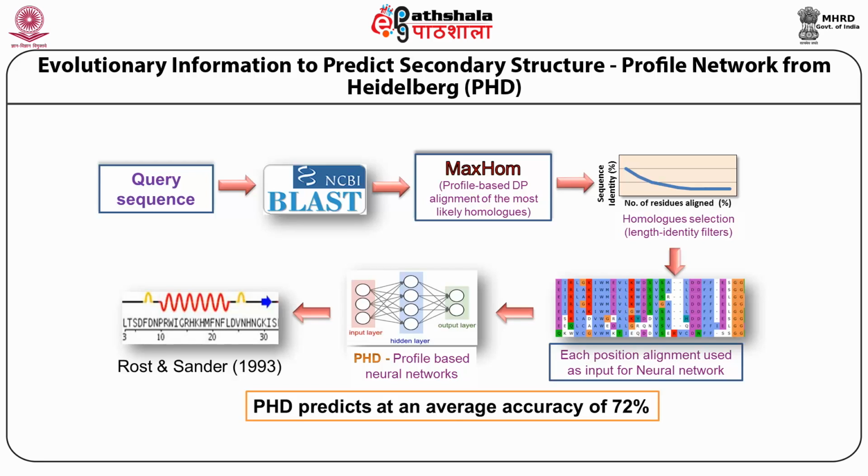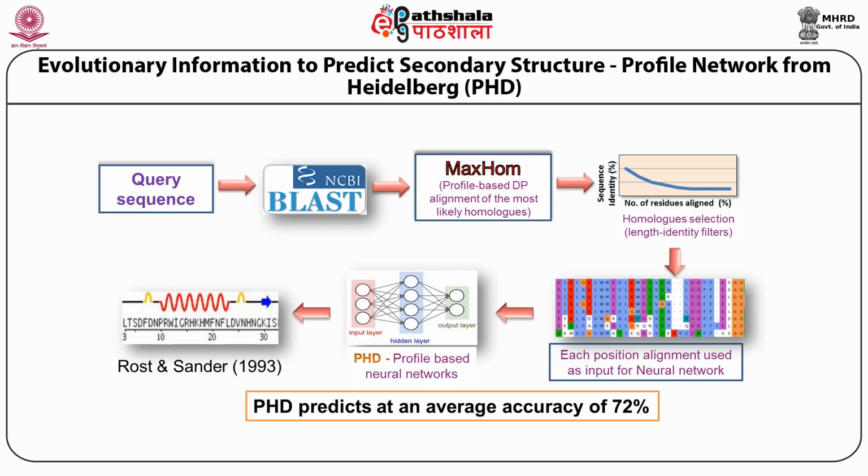The schematic pipeline which implements the evolutionary information to predict secondary structure in the PHD algorithm is shown here. Starting from a sequence of unknown structure, the following steps are used to finally feed the evolutionary information into the PHD neural networks. First, a sequence of unknown structure is quickly aligned against the database of known sequences like BLAST, for which no information of structure is required.